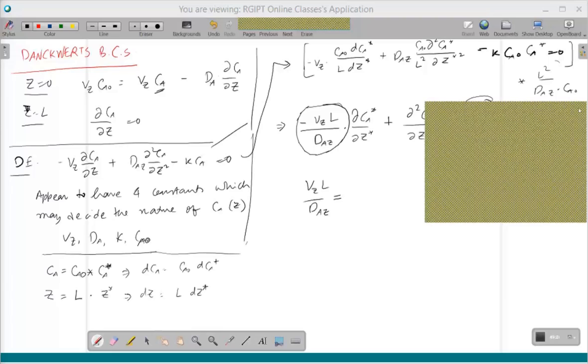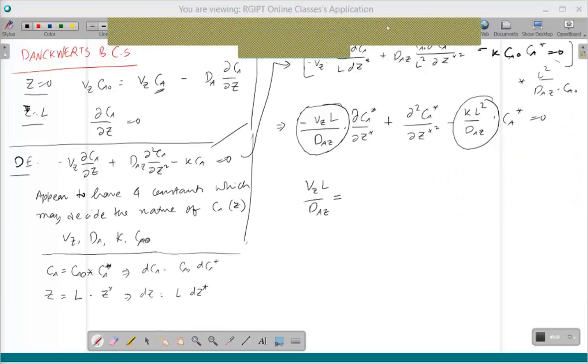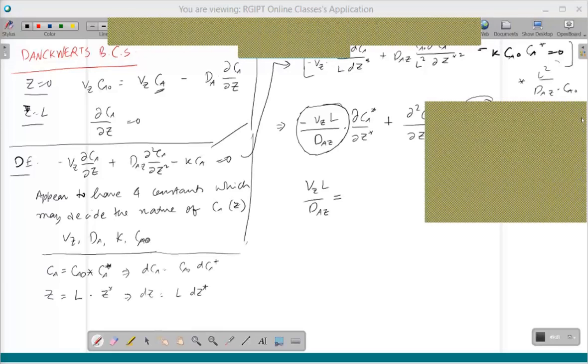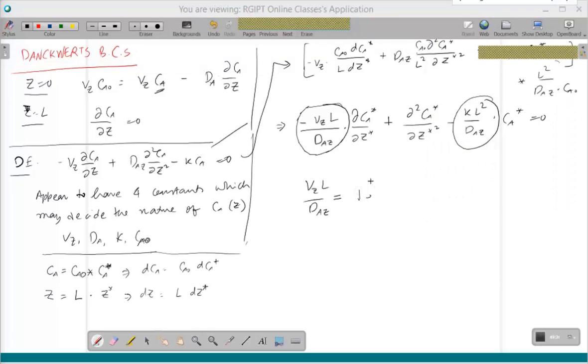Yeah, absolutely right. Peclet number. This, which is Peclet number. Okay, so this is a number I'm going to refer to as Pe.